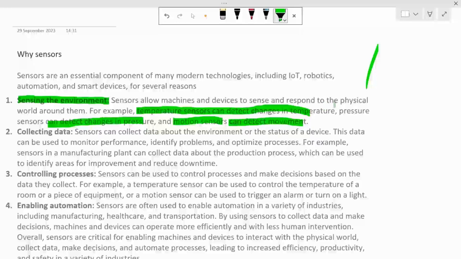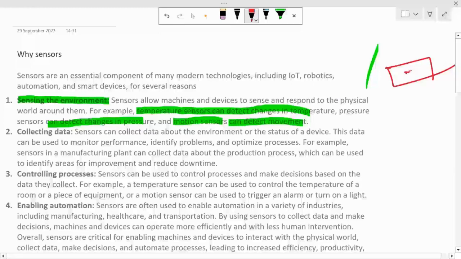Consider you have a machine, some machine, let's say M, and it is a heavy load machine. It operates for long hours, let's say 12 hours, and it is a big and expensive machine.